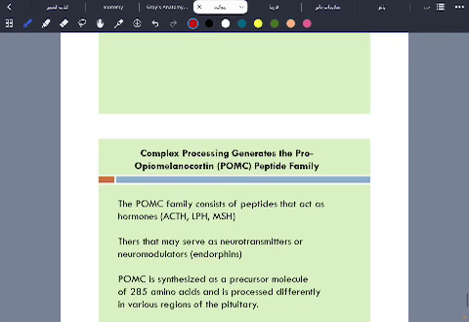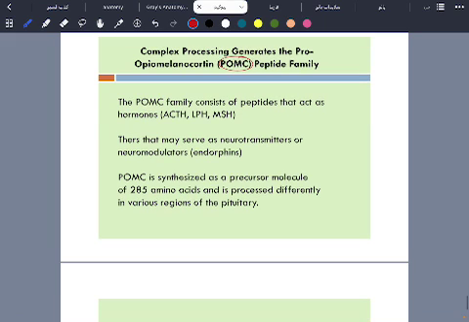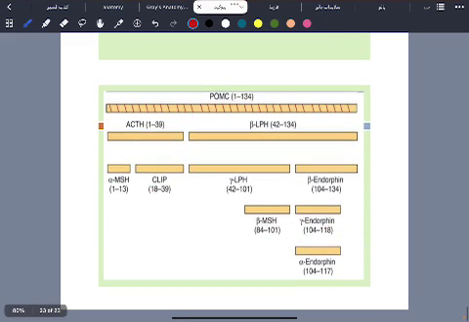We also have what are called opiomelanocortin peptides that are generated by the cleavage of the pre-pro hormone molecule, giving the other active forms. What is required from you in this part is only to know the type of metabolic pathway that forms these peptides, which are peptide hormones actually.